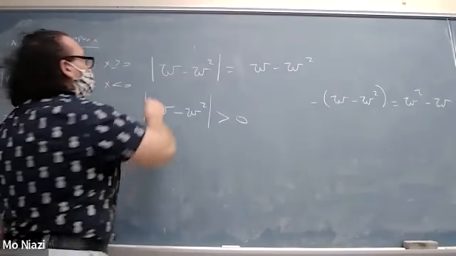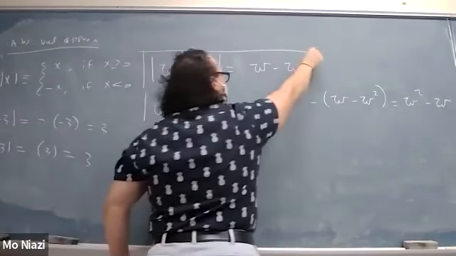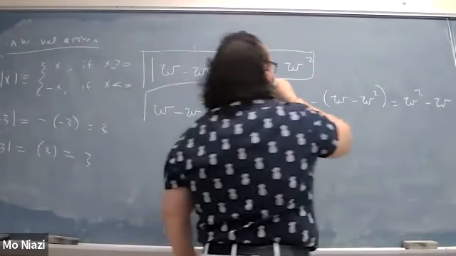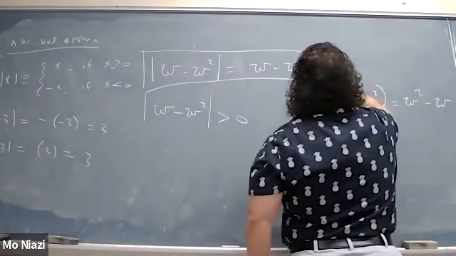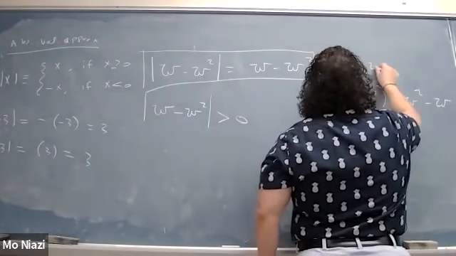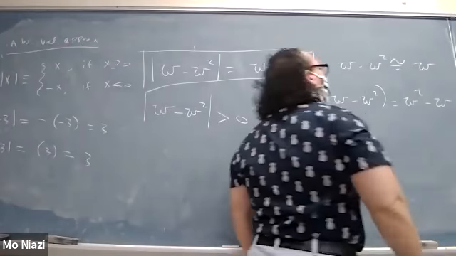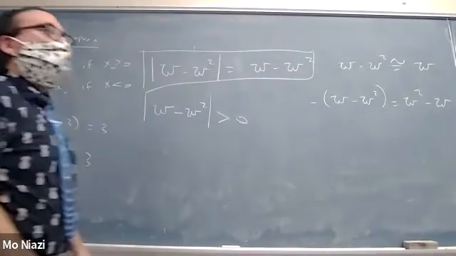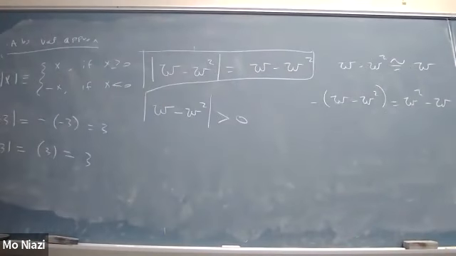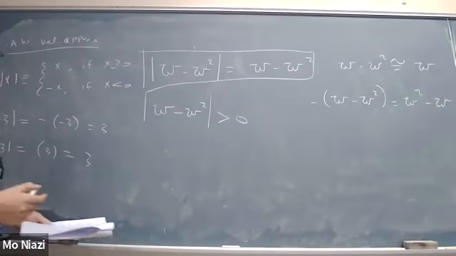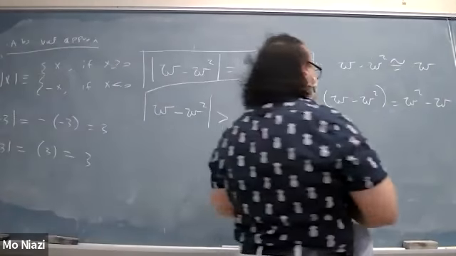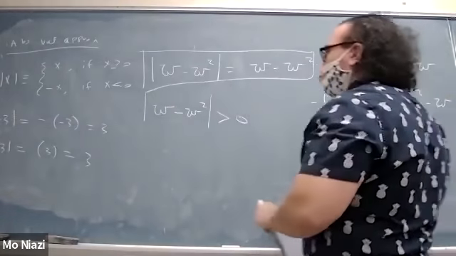So this absolute value equals this. And this approximates to this, right? On the first level approximation. On the second level approximation, it would go to 0, right? It just kind of depends. You're learning how to use this tool.